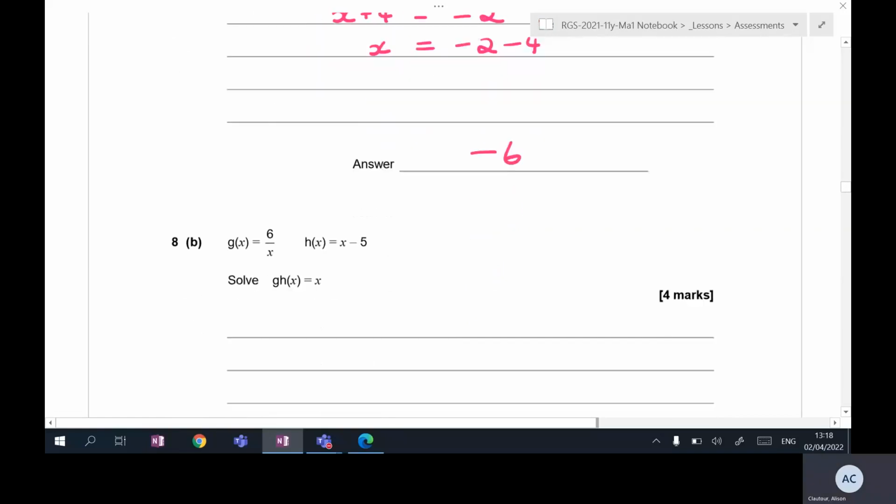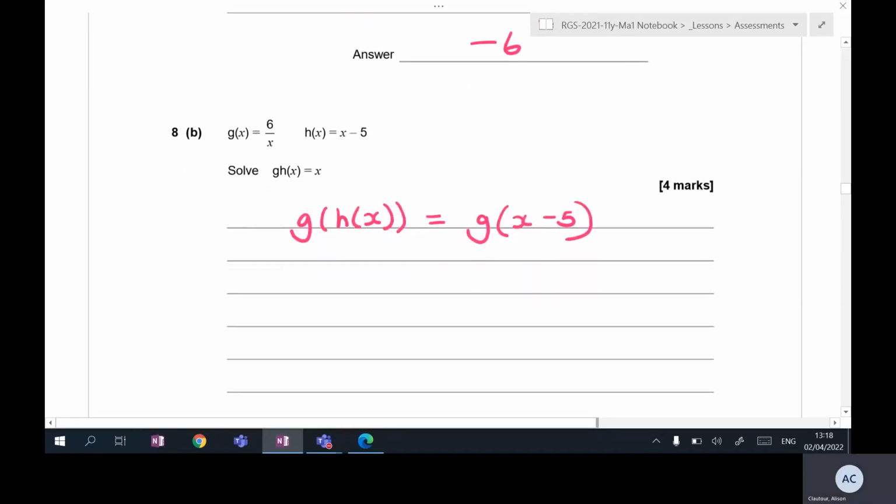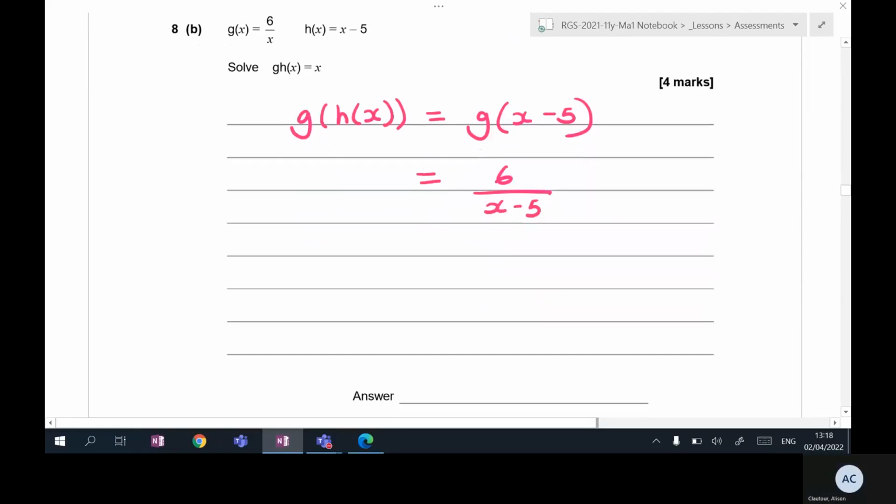For part B, it's quite a simple composite function. So remember, this means you're subbing h of x into g. So we're putting x minus 5 into the g function. So every time we see an x, instead we're going to put x minus 5. Okay, we then want to solve where that equals x.